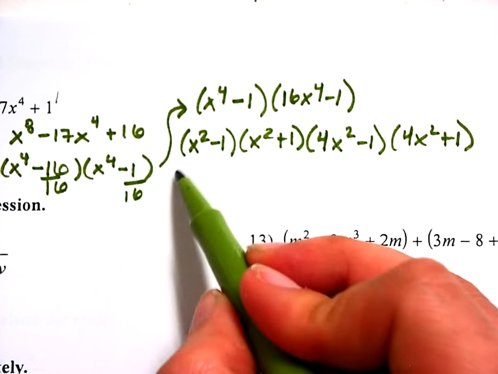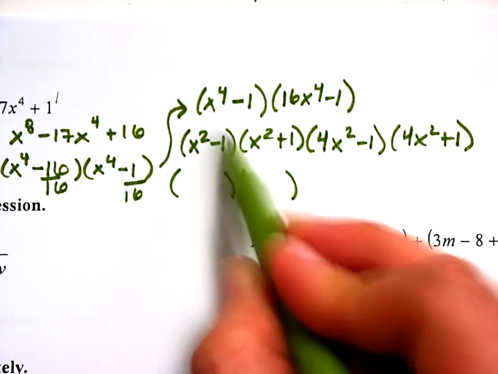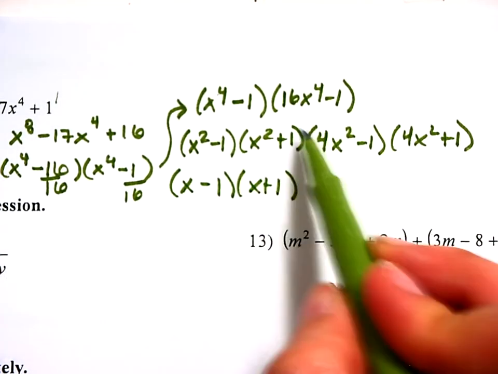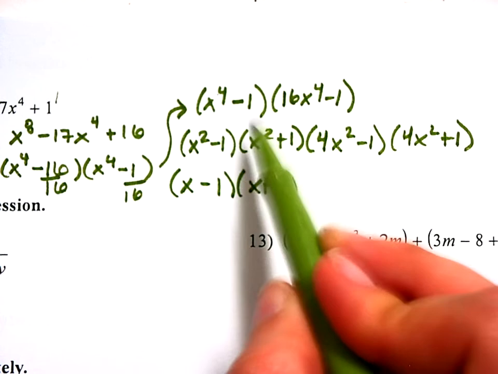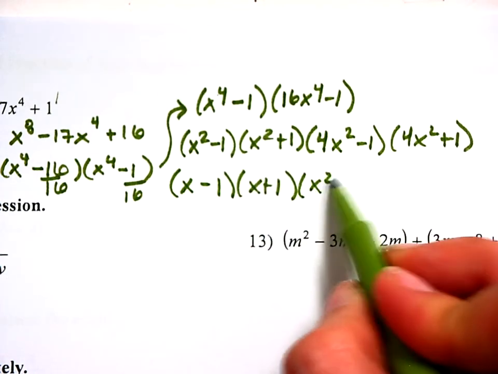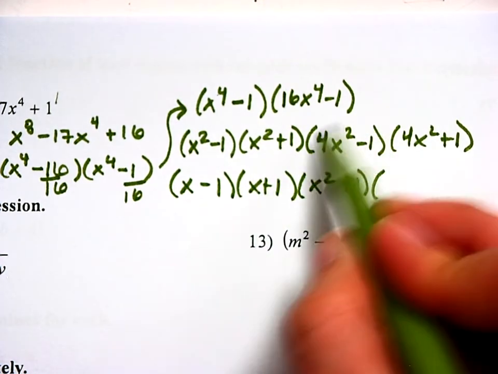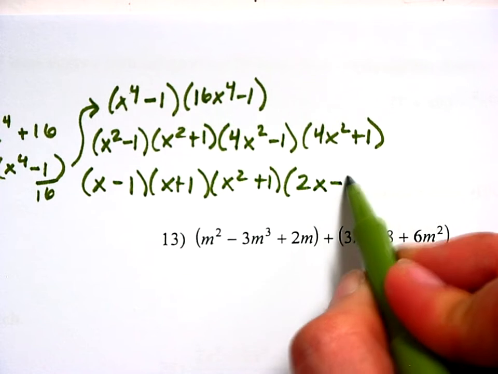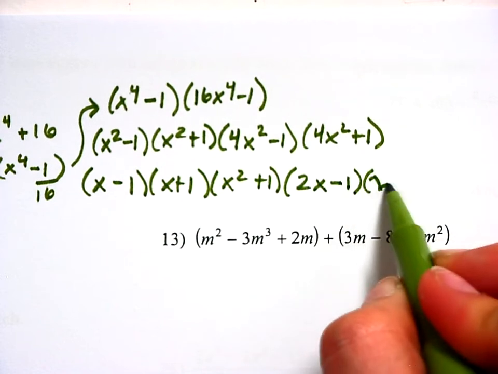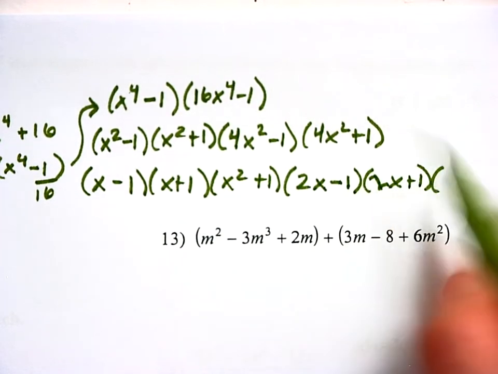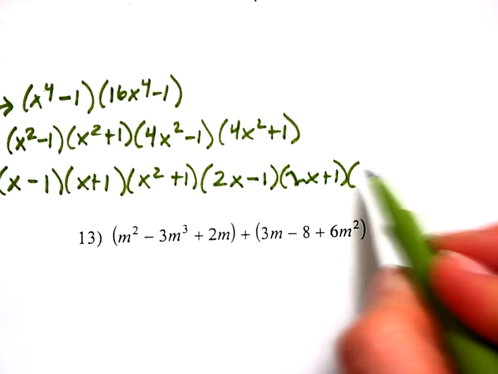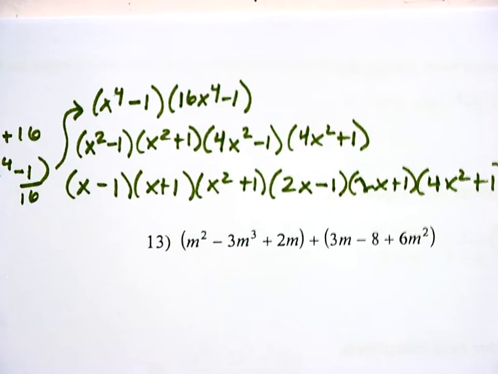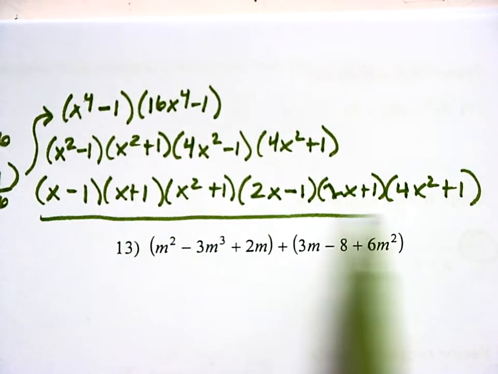So this one is going to factor right here as x minus 1, x plus 1. Then I've got to write this one. This one doesn't factor any further. This one is another difference of squares. So this is 2x minus 1, 2x plus 1. And then don't forget to write that very last one, 4x squared plus 1. Now this is a ton of factors, and we are now done right here.